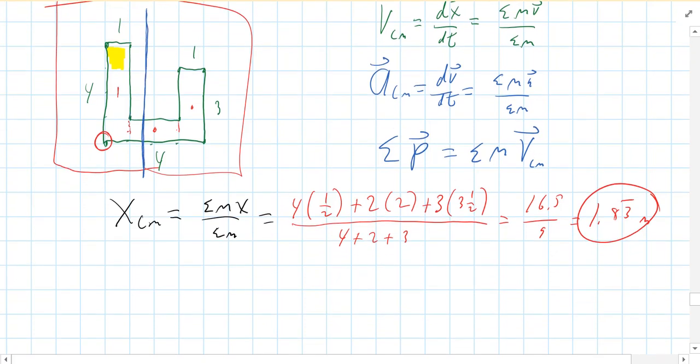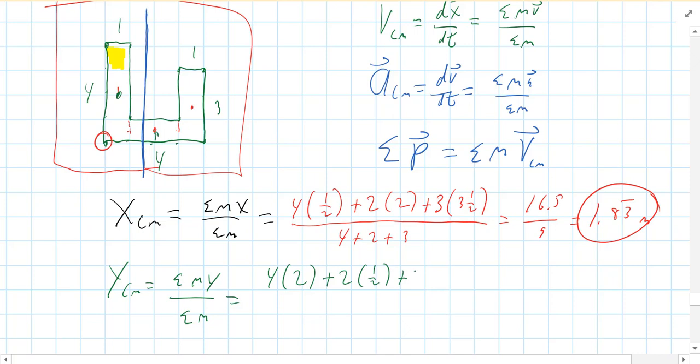All right, let's do the same thing in the y direction. YCM equals the sum of the my's over the sum of the m's. Same 3 rectangles, so 4 times the YCM for this first rectangle, which is 2 from the bottom, so 2, plus the second rectangle had an area of 2. Its CM is a half from the bottom, so 1/2.